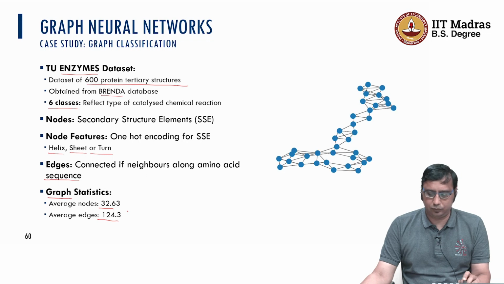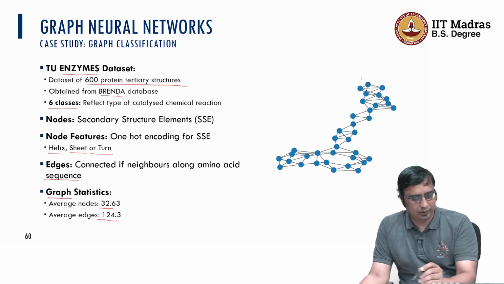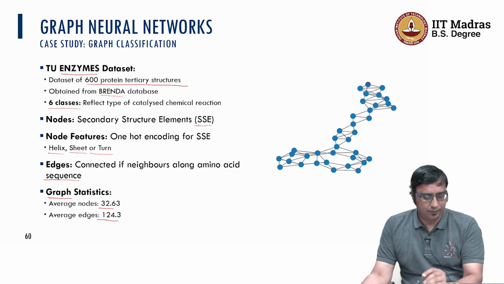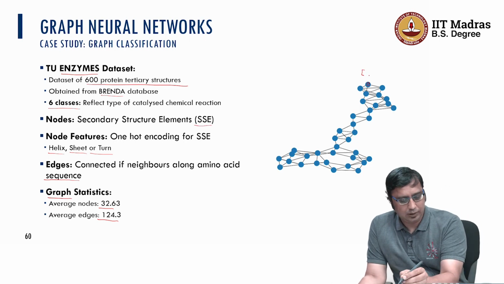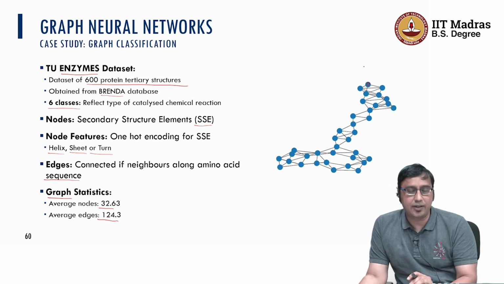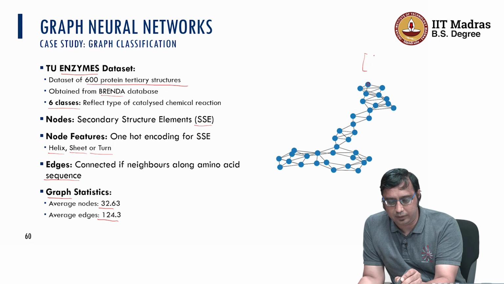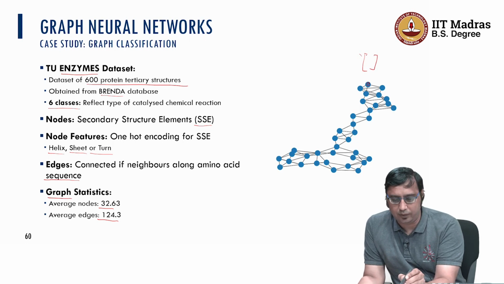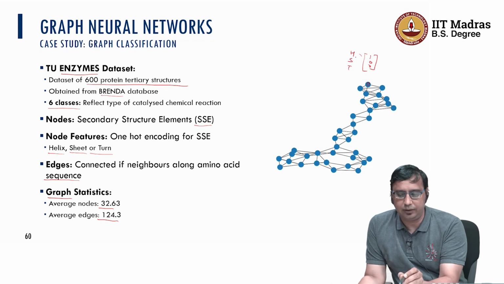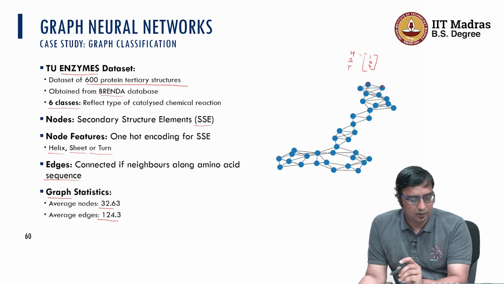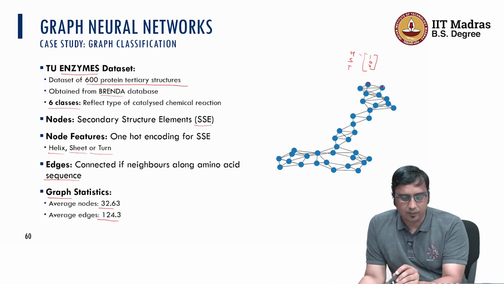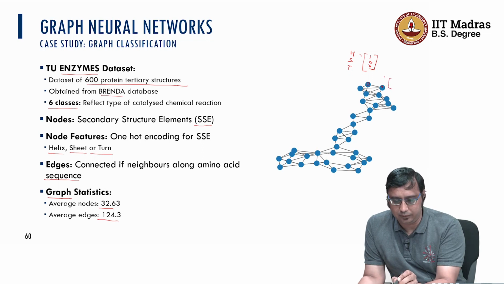Each node has a one hot encoding depending on its secondary structure element, say helix, sheet, and turn. If it's a helix, it's 1 and the remaining are 0. Say in this one node we have a turn, then helix, sheet, turn is 0, 0, 1.